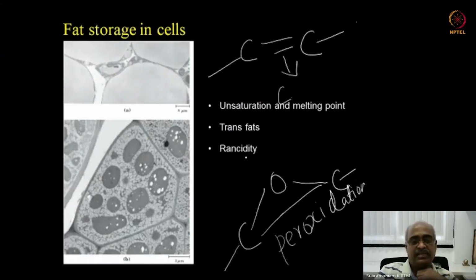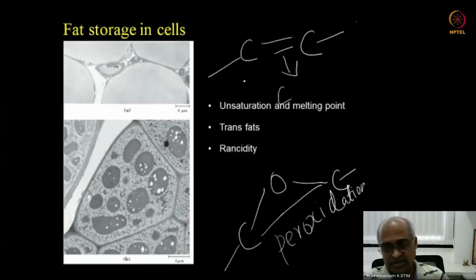So that is rancidity. And the second important point we need to consider here, again, all this results from the double bond, okay, the unsaturation. One, the melting point goes down, then I told you about rancidity, then the third is the possibility of trans fat. So this double bond here is a site for cis and trans geometrical isomerism.